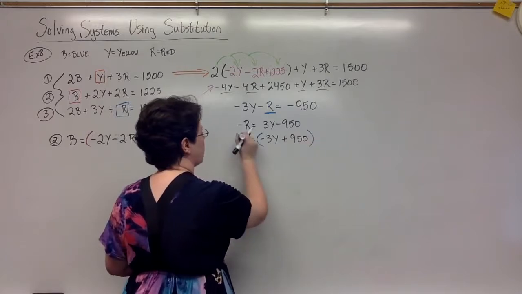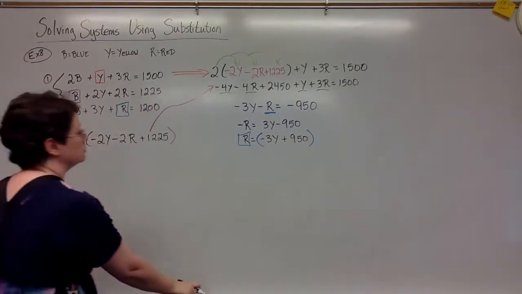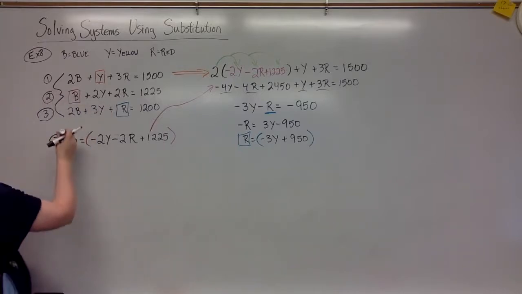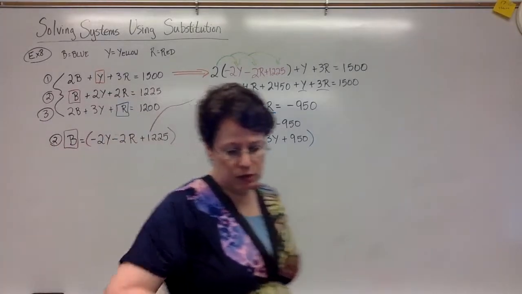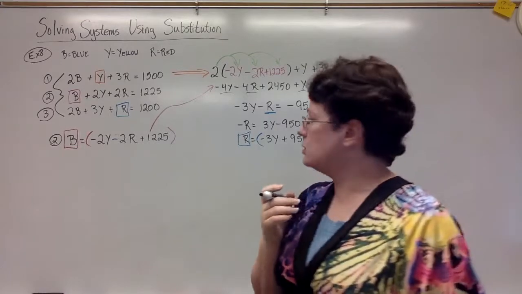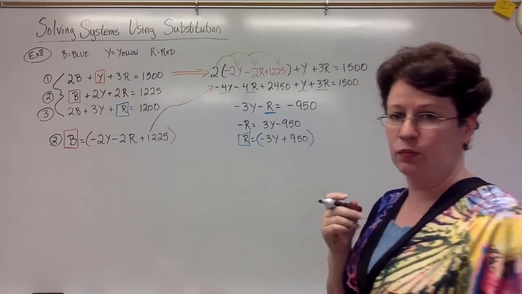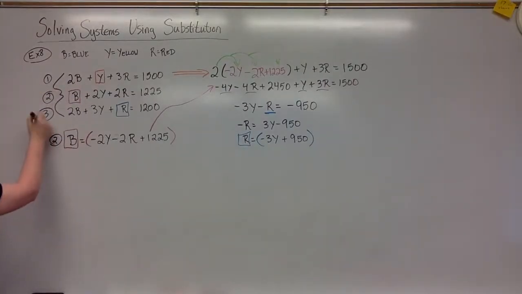So now I have an r. So we started off with a b. We have an expression for b. We have an expression for r. Where should we go next? Well, we haven't used equation 3, right? So let's come down and actually use equation 3.